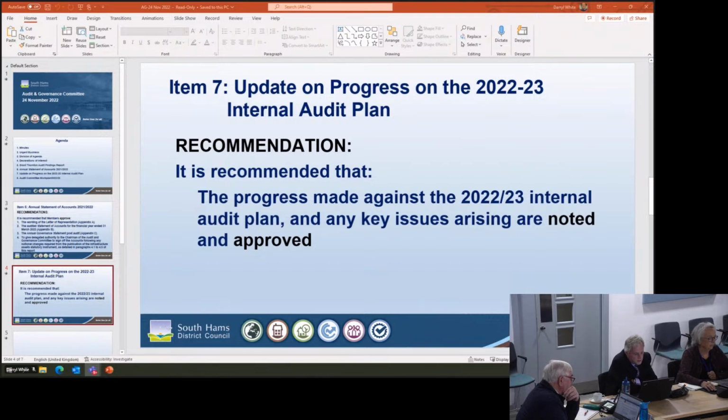And then the Dartmouth Ferry, quite a technical report about the system used to pay for and account for the money and so on. Since the audit, the auditor has continued to work with the business area to look at the system and meet with a software provider and so on, and identify how improvements can be made to the system, or indeed whether the system needs to be changed. So that's work that is ongoing.